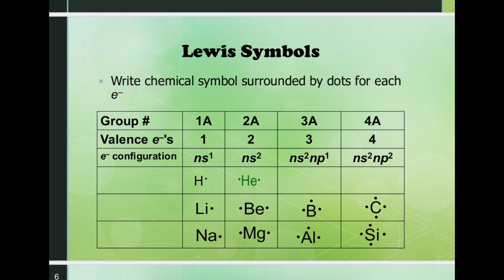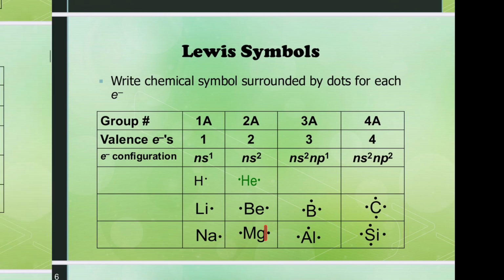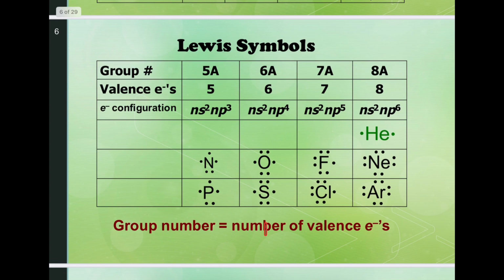When you look at group numbers 1A, 2A, 3A, and 4A, the valence electron count for hydrogen is equal to 1. Helium has 2 valence electrons, so it equals the group number, and the same goes for beryllium and magnesium. Next are groups 5 to 8.